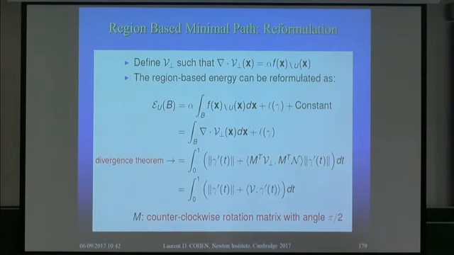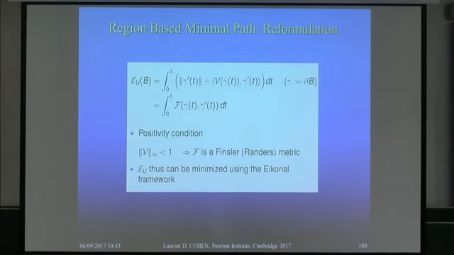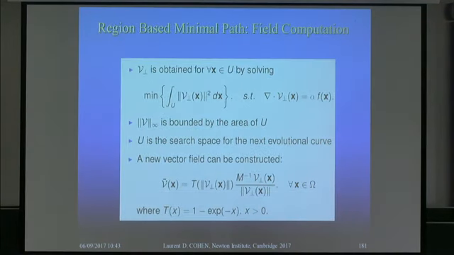So now the problem is how to find this vector field V. First, this is what I said orally, that this is a Finsler metric, and in order to be able to minimize it, you have to check that it is positive, and then it can be minimized. So in order to find the V field, what you do is solve this equation with constrained minimization.